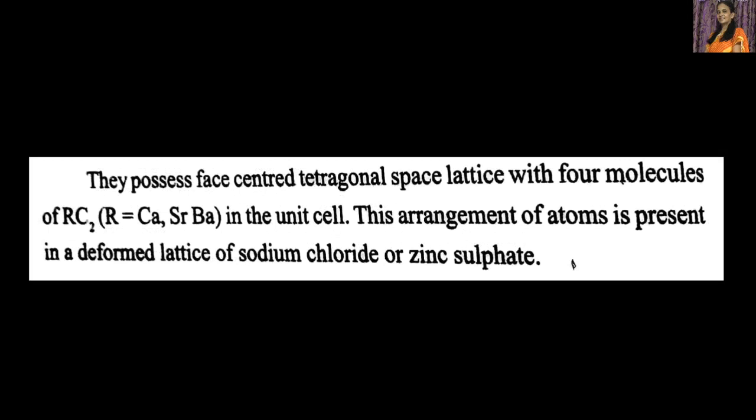Next, let's see the structure of these compounds. These ionic carbides possess a face-centered tetragonal space lattice with 4 molecules of RC2 in the unit cell, where R is the metal: calcium, strontium, barium, the second group alkaline earth metals.